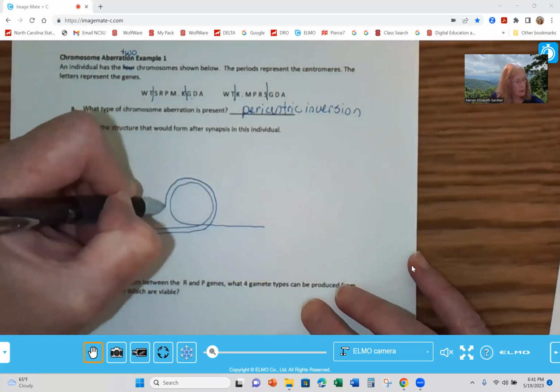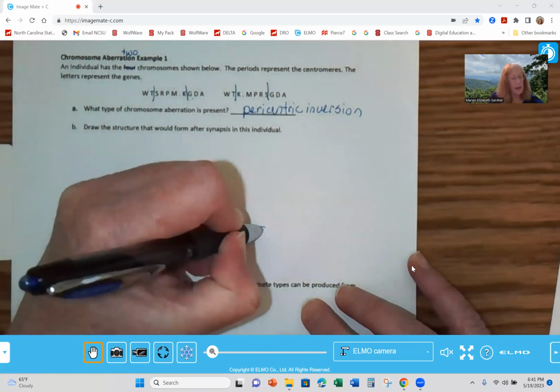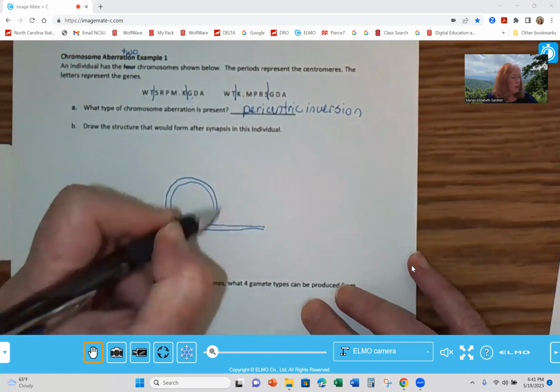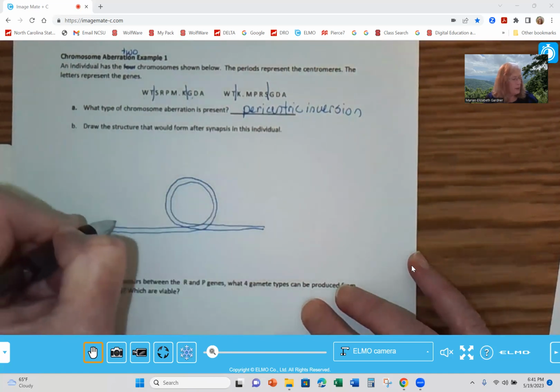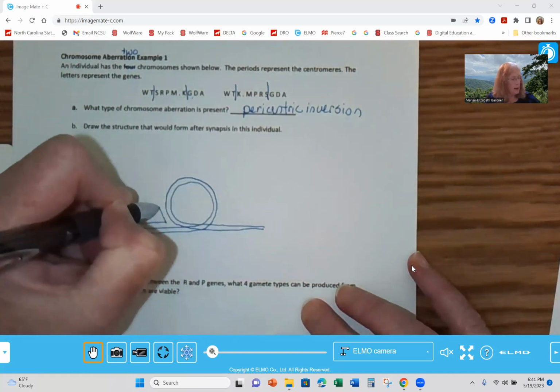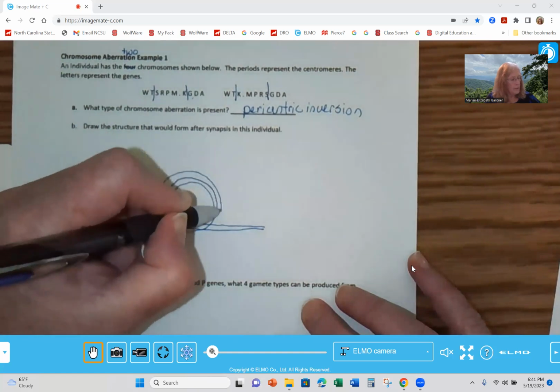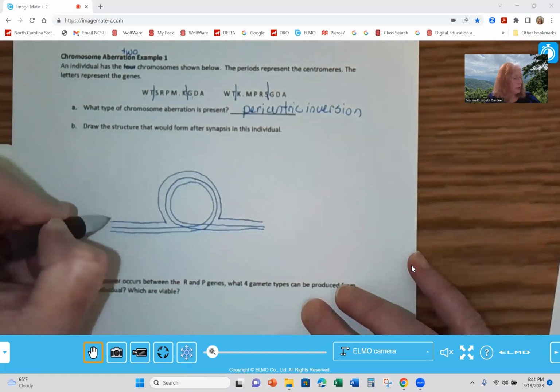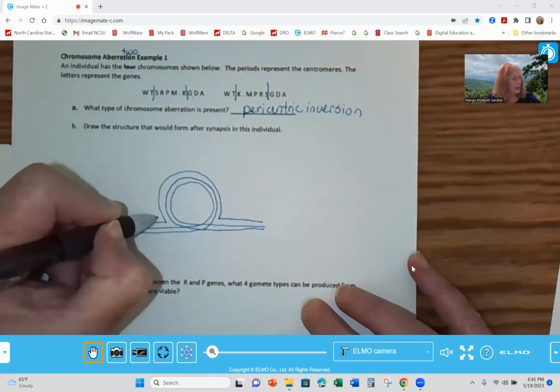So here's the second one. We'll put the centromeres in a little bit. So one chromosome curls, and the other one goes in, hops over, and goes out. And it also has two chromatids, so we'll draw that second chromatid.